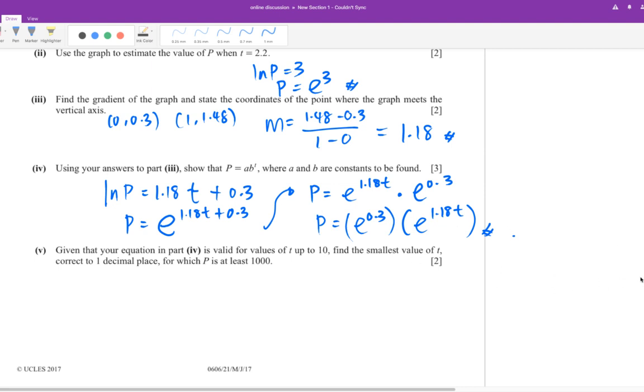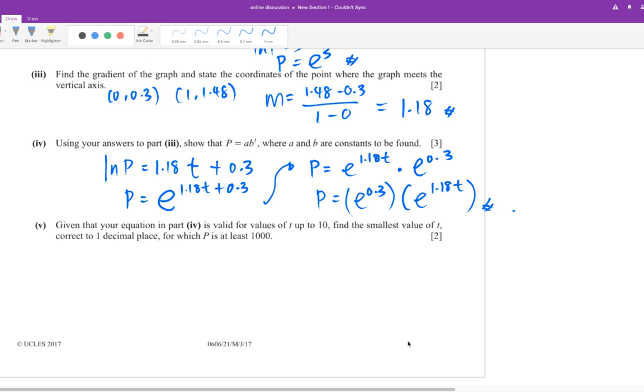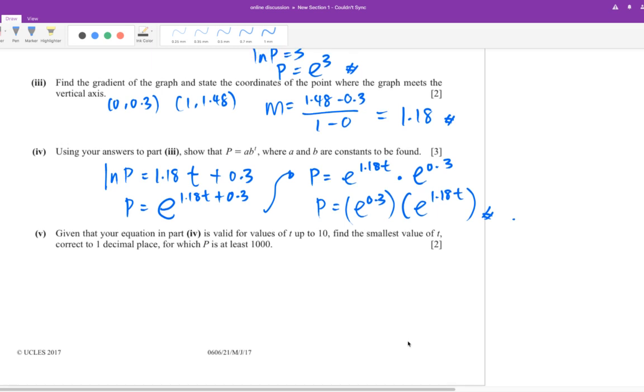So let's move on to the fourth part. Given that your equation in part 4 is valid for the value of t up to 10, find the smallest value of t, correct to 1 decimal place, for which P is at least 1000.